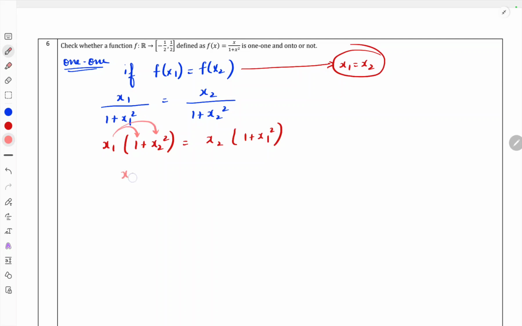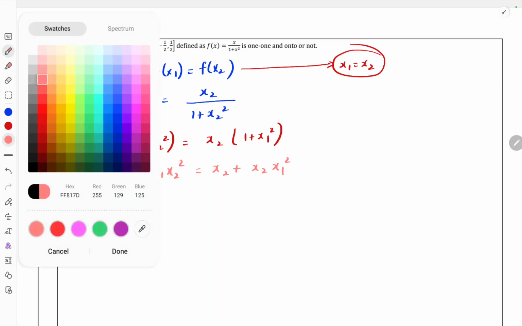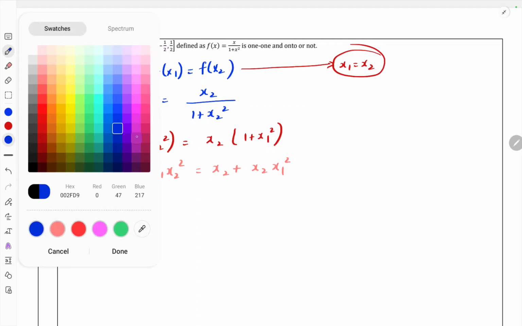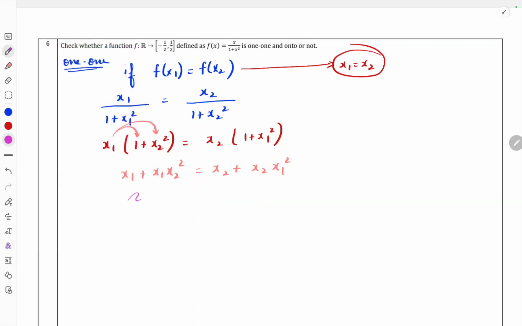So it will be x1 plus x1 x2 square equal to x2 plus x2 x1 square. So bring everything to the left hand side, LHS. So what we will get here is x1 minus x2 plus x1 x2 square minus x2 x1 square equal to 0.